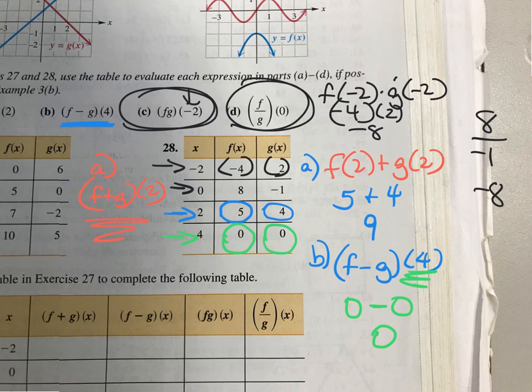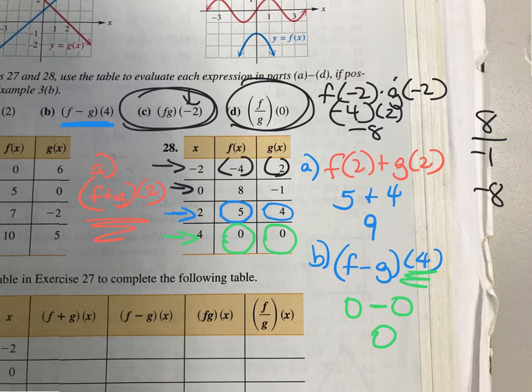Let's say I said find the composition of f and g when x equals 4. If I go to the f column and get 0, then I would go to the 0, and I'd see the answer, and then the final answer would be -1.